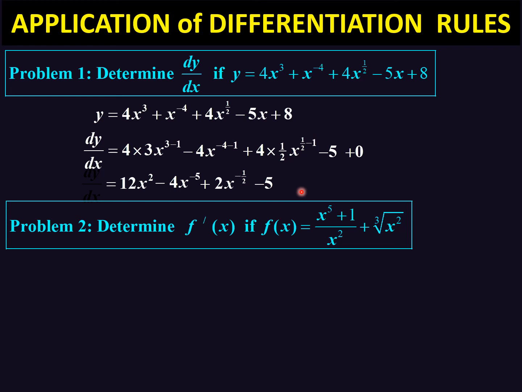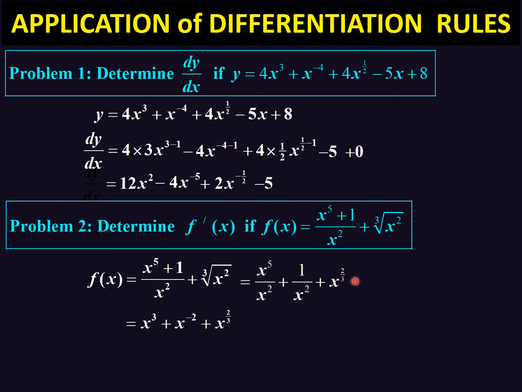Let's look at problem number 2. We need to have it in power form. You know, terms need to be in power form there. This is not in power form. So let's do the division first. So that's x to the 5 divided by x squared, 1 divided by x squared. This radical, I need to write it in power form. That can be written as x to the 2/3.